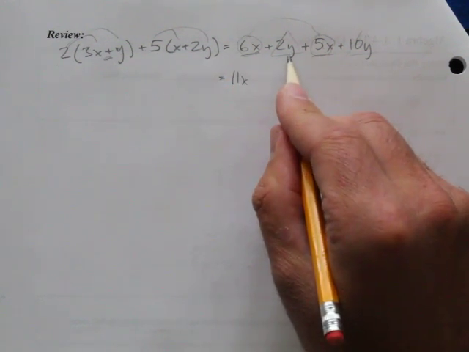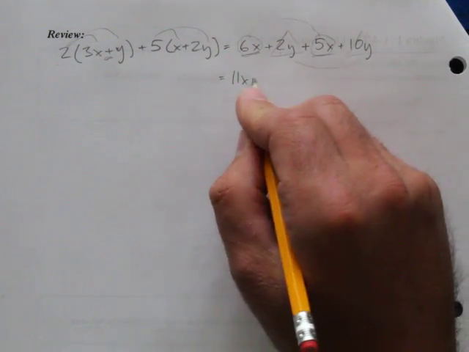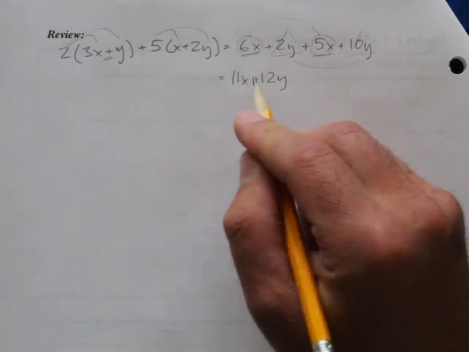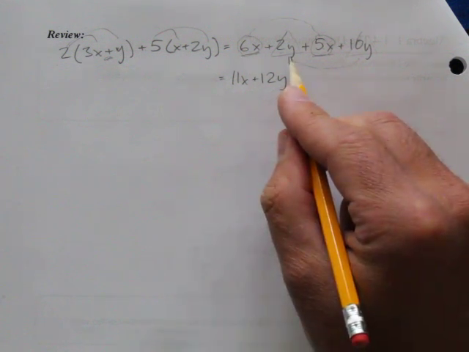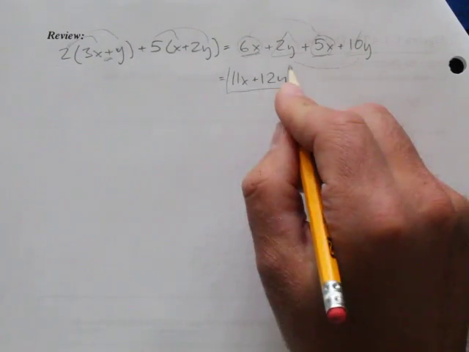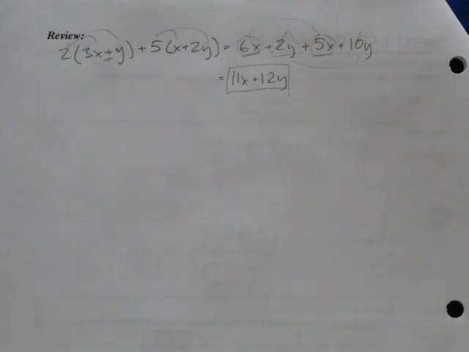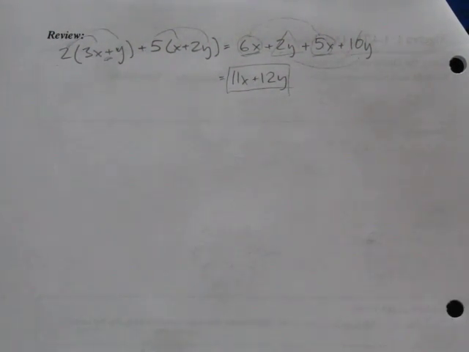And I can see this 2y and this 10y are like terms. 2y's plus 10y's is 12y's. And so my answer, oh, did I do something wrong? Oh, I see what I did. Okay, so there is my answer. On the one I had before, I had a negative here, but I don't need that. Okay, that's it.